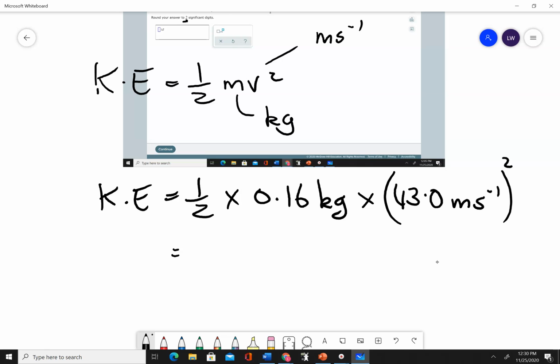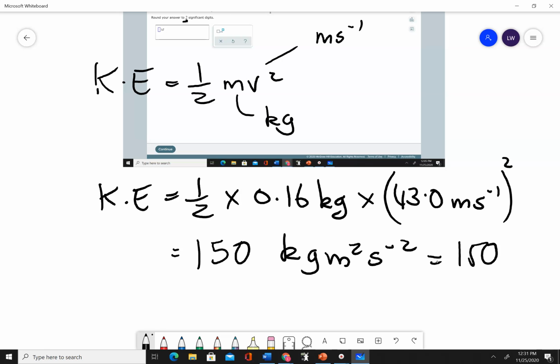Nice and easy, right? So that ends up being 150 when we want this to 2 sig figs, 150 kilograms meters squared per second squared. And that's the same as 150 joules. And you're like, well, that was too easy. But when you look at the units here, it wants it in kilojoules.